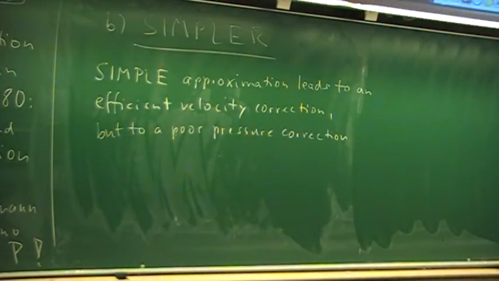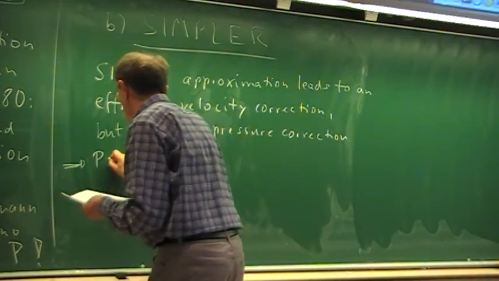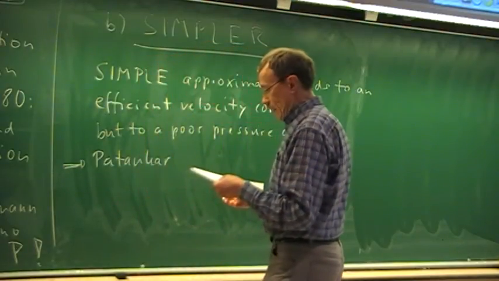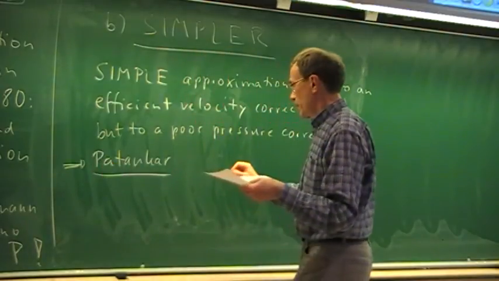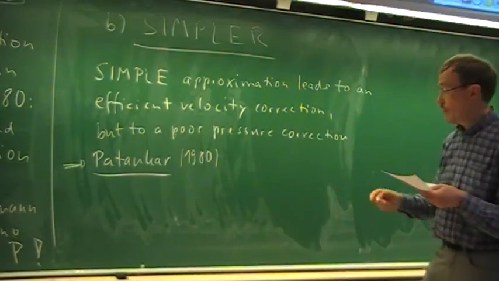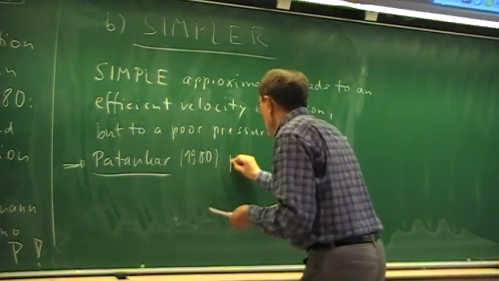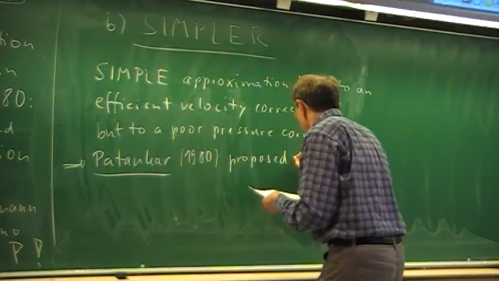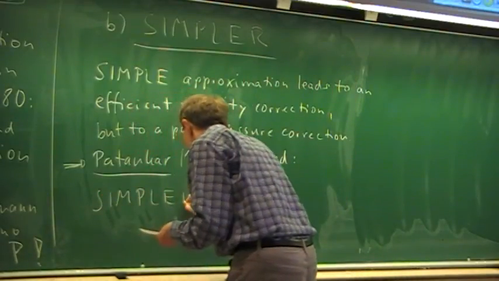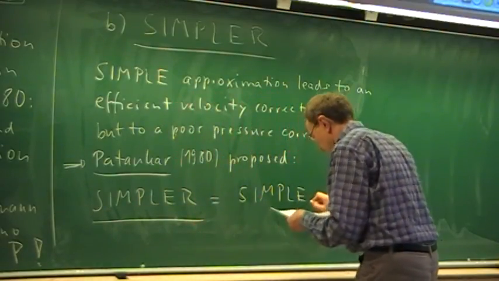And therefore Patankar proposed SIMPLE revisited. That is actually Patankar and Spalding, one of the authors of SIMPLE itself, also author of the book where these basic methods are explained. So he proposed SIMPLER, which stands for SIMPLE revisited.